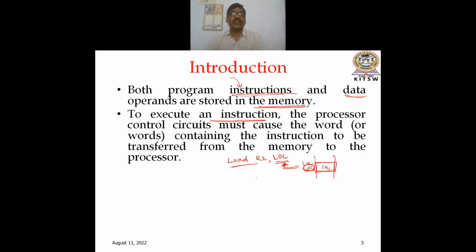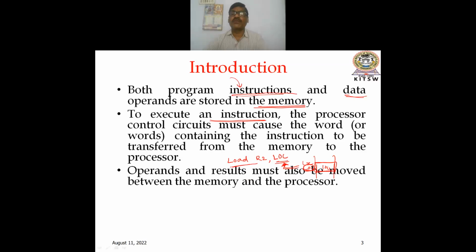So we require transferring the data from the memory to the processor registers. Sometimes you want to transfer the data from the processor register to the memory. That is the reason the operands specified in the instruction and the results of those operations must be moved between the memory and the processor registers.